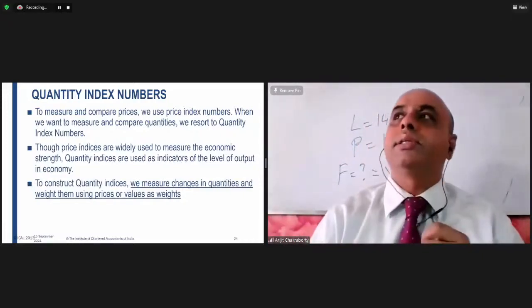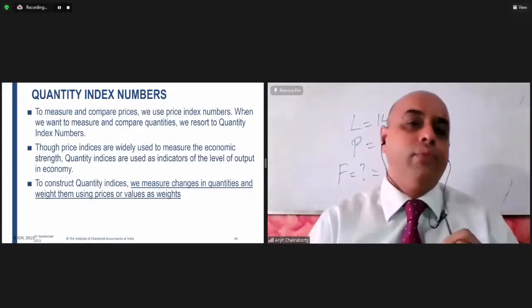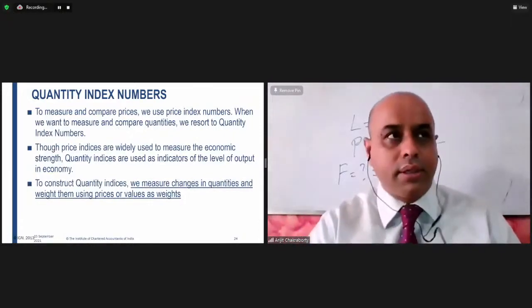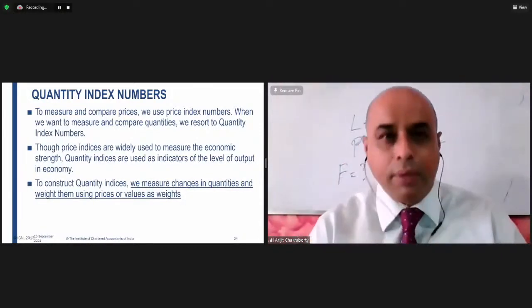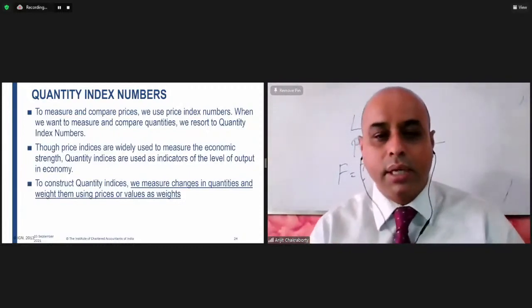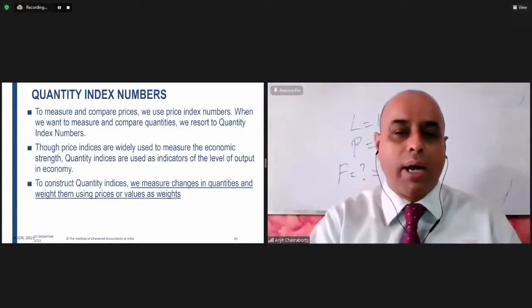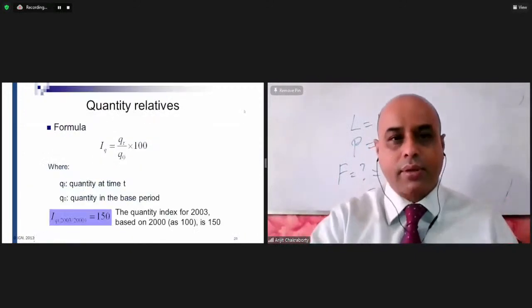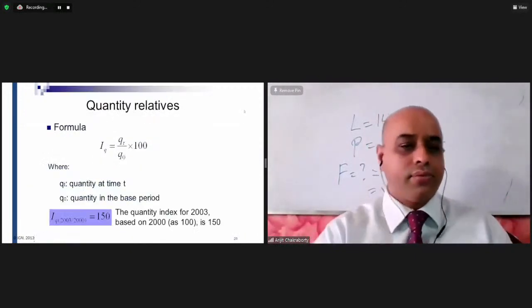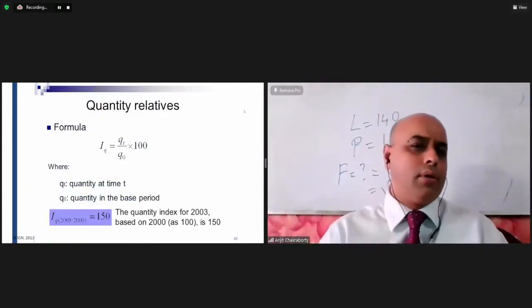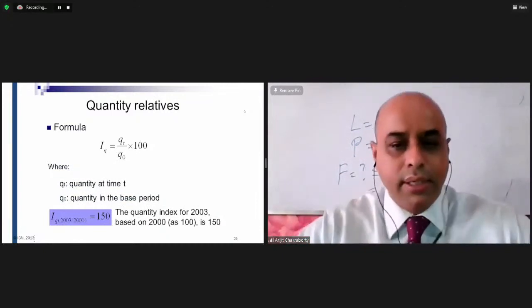The only difference is that in the case of price index numbers, we use the price of the current year and the price of the base year, but in the case of quantity index numbers, we replace those by quantities, of course. So the quantity relative is Qt or Qn by Q0 into 100.